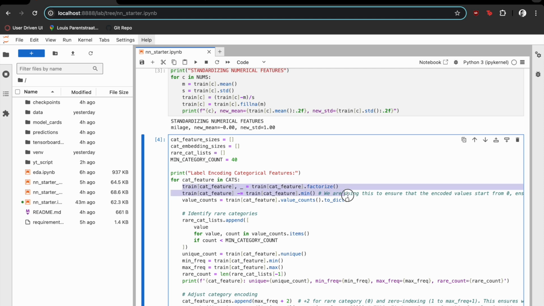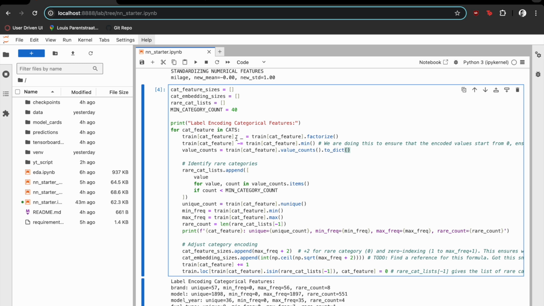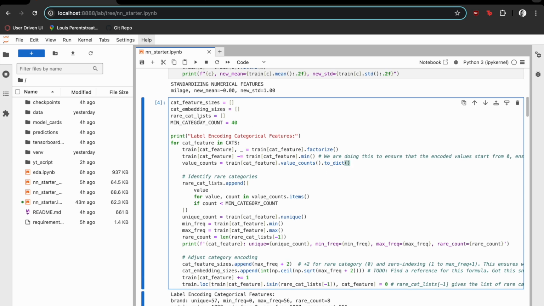Once we have converted all of our categories into numerical values, next step is to remove rare category values. We are defining rare categories as those which do not even have 40 data points in the dataset. This is a common technique to remove noise in the data and also to prevent overfitting on outlier data. By outlier data, I mean rare data points which do not occur as frequently as the other ones.